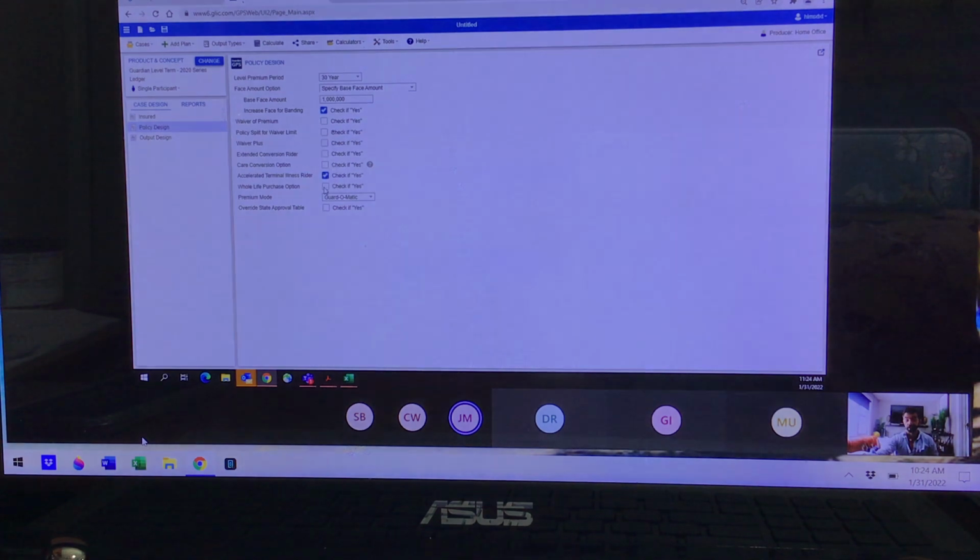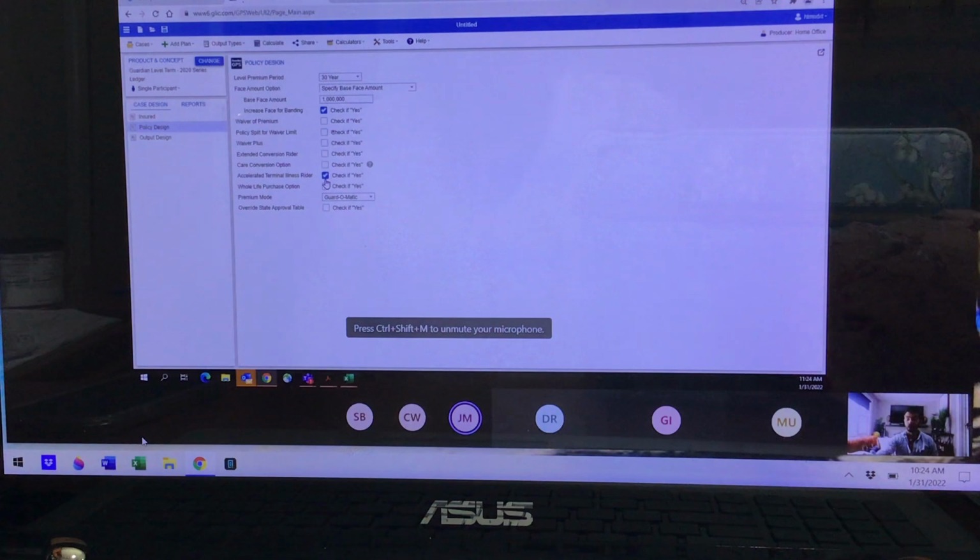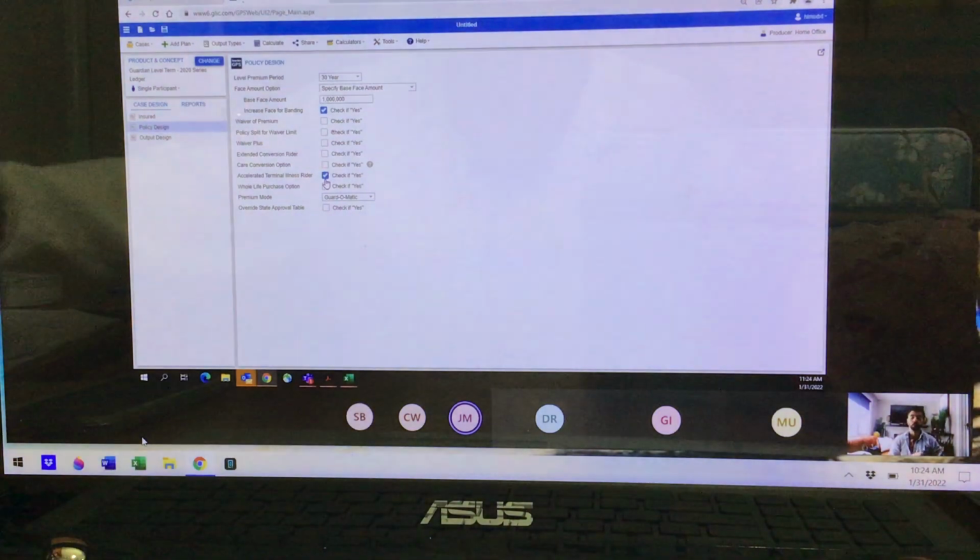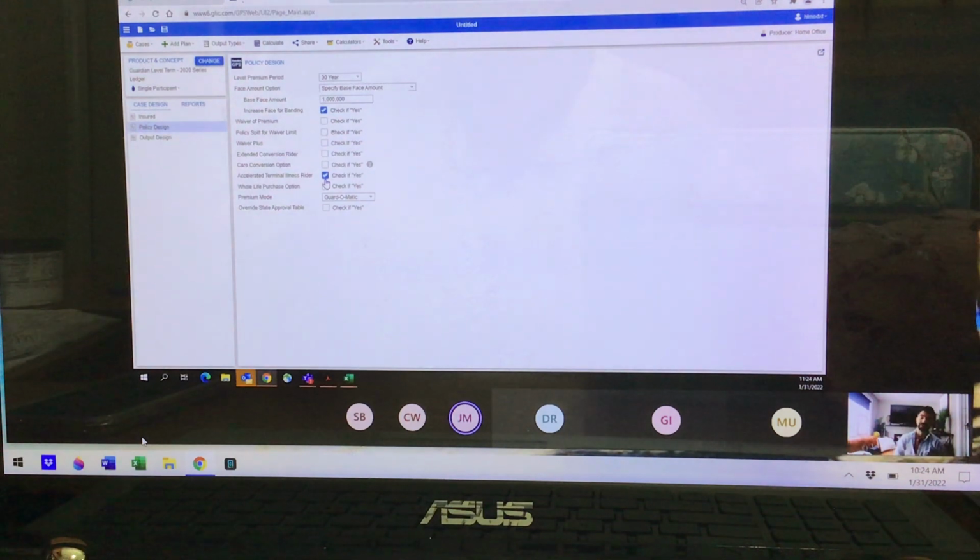The accelerated terminal illness rider, this was checked by default, and that's pretty much something you're going to want to put on everything. Obviously it's a rider we'd never want to use, but if we do use it, it could make a huge difference.